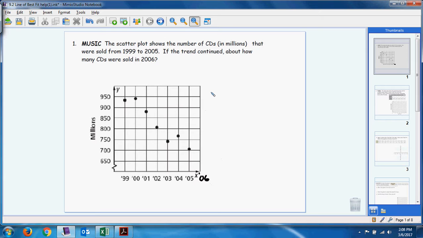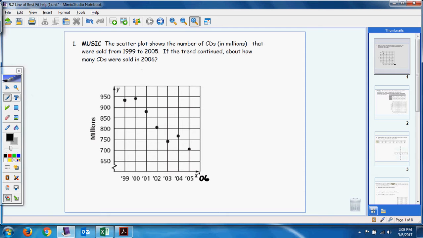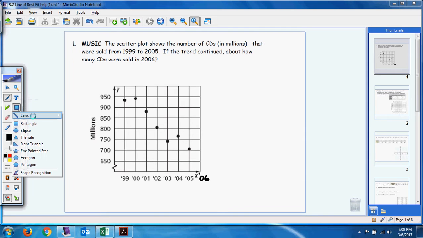So again, you can go ahead and take your line of best fit. So take your straight edge. And you're going to go ahead and make a line. Now remember, the line of best fit sometimes does not actually go through every single point. So that's why we're definitely going to be doing it with pencil and eraser in case you need to adjust it.